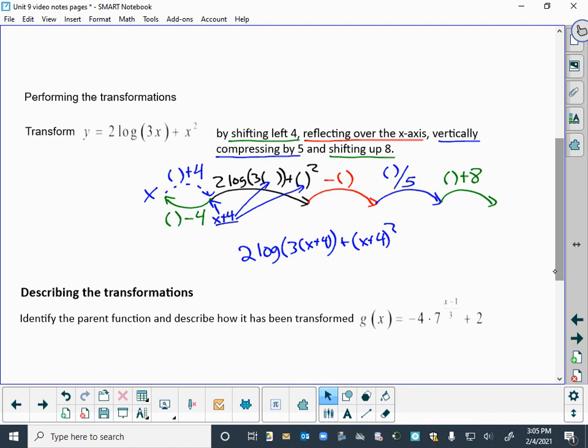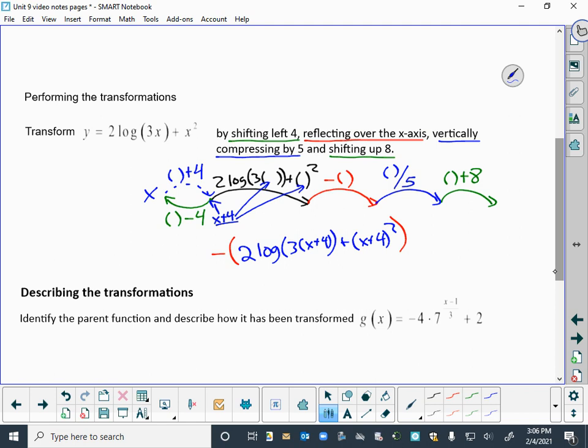Then I am going to change the sign. That is the output of the black arrow, the input of the red arrow. The red arrow says change the sign on all of it. So I'll put a negative out in front. I'm not going to worry about simplifying right now. I certainly could. Okay. That is the output of the red arrow. It is the input of the blue arrow.